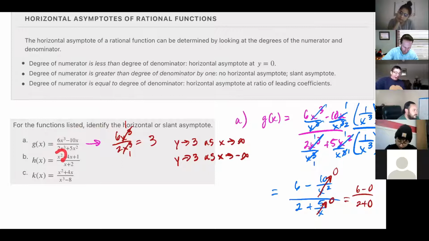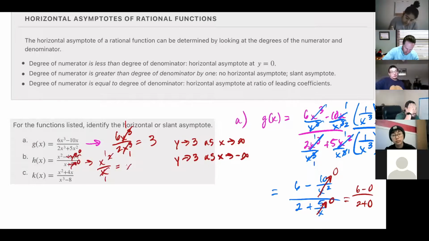Where this one, who's going to win the battle? The top or the bottom? Top. And if the top wins, then that stuff went to 0, then I would be left with an x squared over an x, which if we canceled, we'd get x.